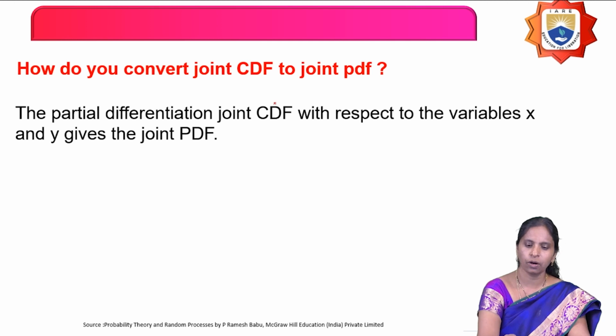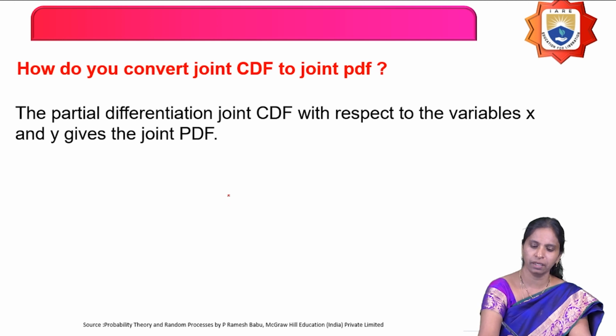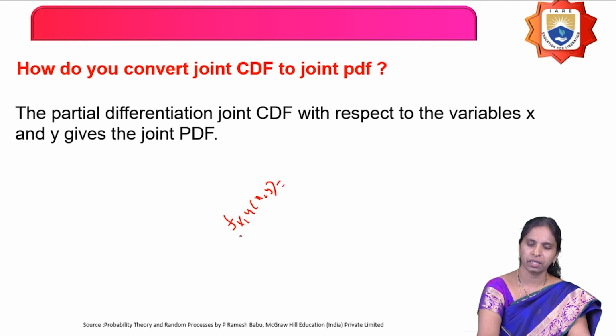And the next one: how do you convert the joint cumulative probability distribution function into the joint probability density function? How can you obtain the joint probability density function of two random variables, f_XY(x, y)?